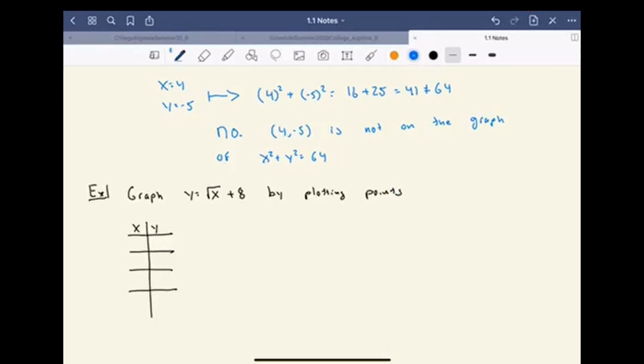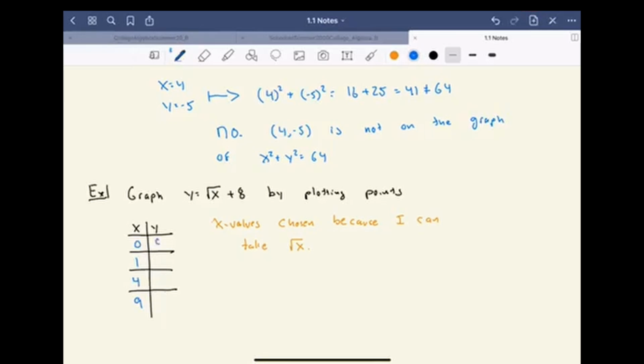So let's start. Let's say x is 0, x is 1, x is 4, x is 9. Now, I chose these values because I can take the square root of these numbers. Okay, so, for example, the square root of 0 is 0.